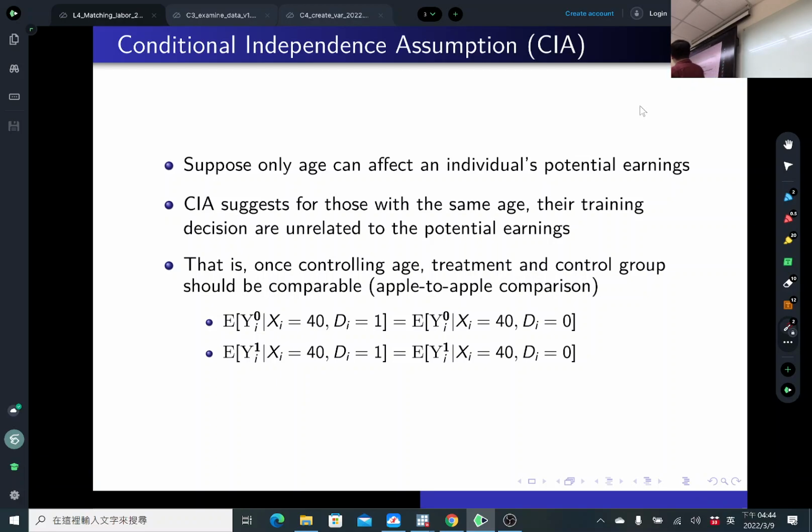If you fix their age, their potential earning will be similar because age is a key factor determining your potential earnings. So on average, their potential earning will be the same. That means after you control for age, the treatment group and control group are comparable. It's an apple-to-apple comparison.